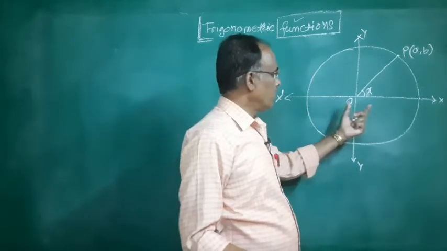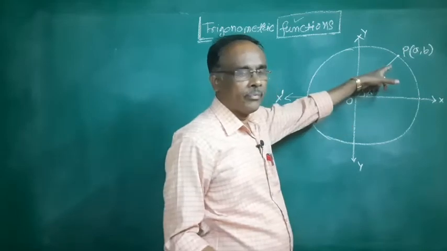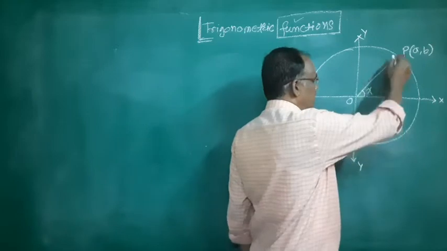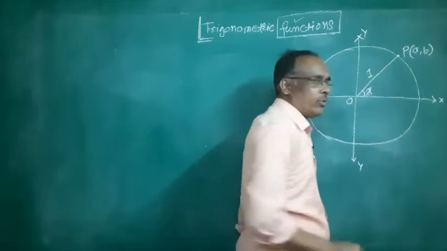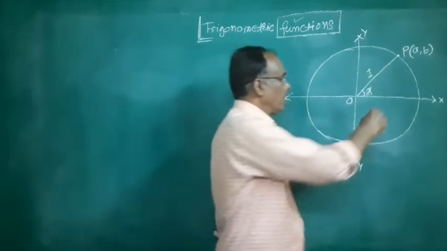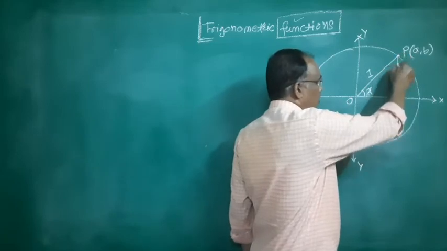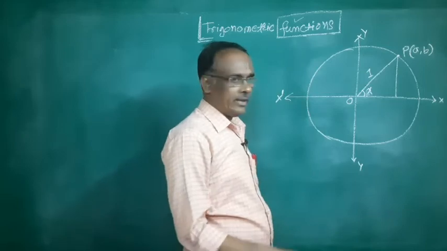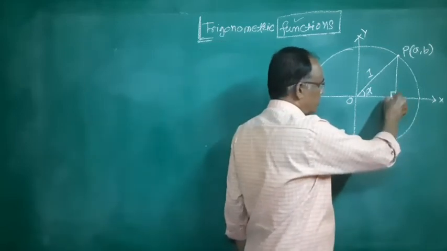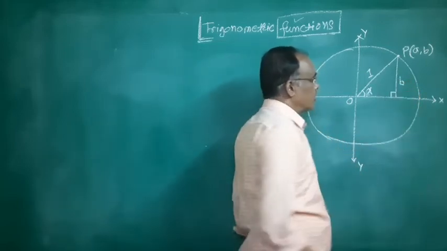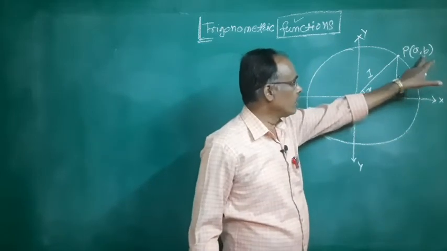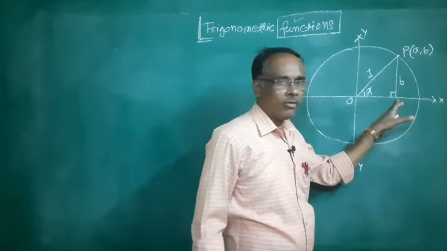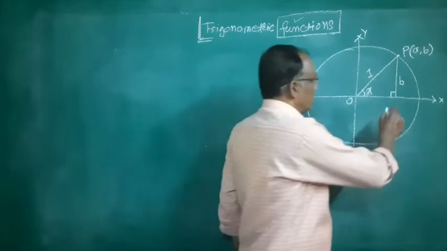What is the distance O to P? OP is a radius, and the circle is a unit circle, therefore the distance OP is 1 unit. If we draw a perpendicular from P to the x-axis, then this distance becomes b, because the y coordinate of this point is b.